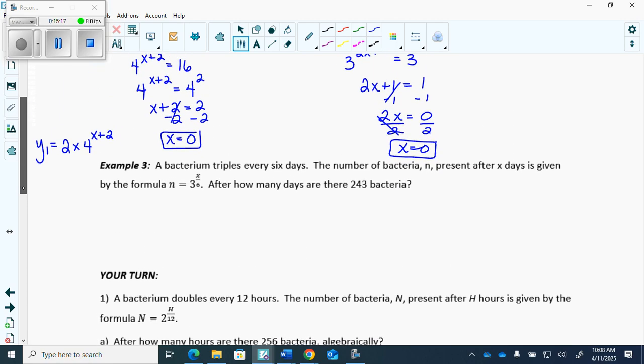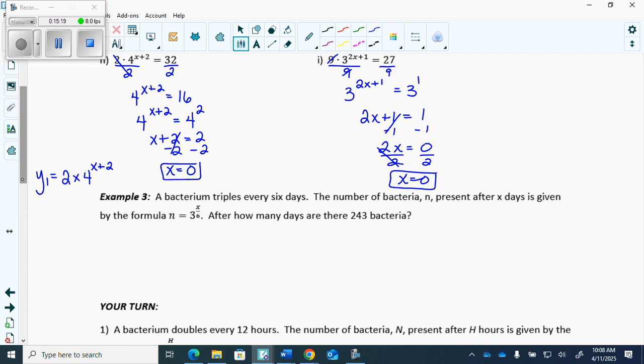Okay, let's look at this question. A bacterium triples every 6 days. The number of bacteria N present after X days is given by this formula. So we have to figure out what they gave us. N represents the number of bacteria, X represents days.